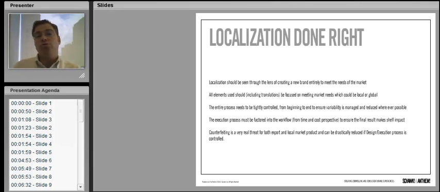So really when you're introducing a new brand or you're localizing a new flavor, a new type of an existing brand that might not have that history or that legacy, you have to basically start from the ground up and start all over again. You need to make sure that all the elements are thought about. Not only the design, but the translation's done right, that when it's printed it looks right. All of these things need to be taken into account.